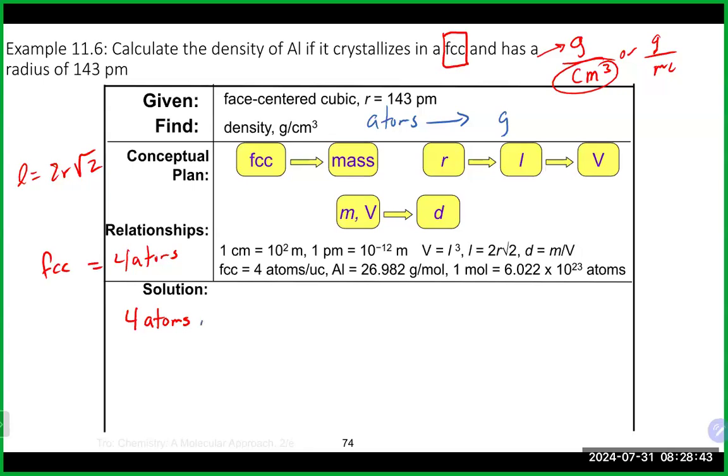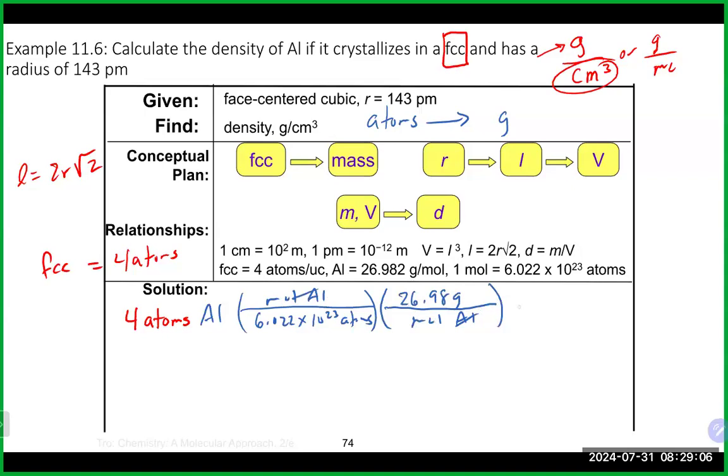We've got 4 atoms of aluminum. If we use Avogadro's number here, that's going to be 6.022 times 10 to the 23 atoms per mole of aluminum. And at this point, we could use the molar mass from the periodic table, which is 26.98 grams per mole of aluminum.